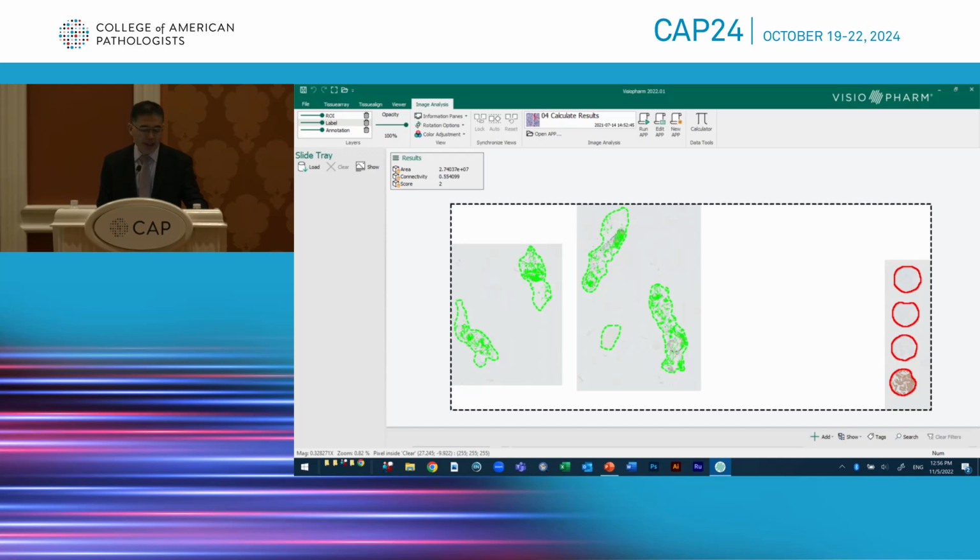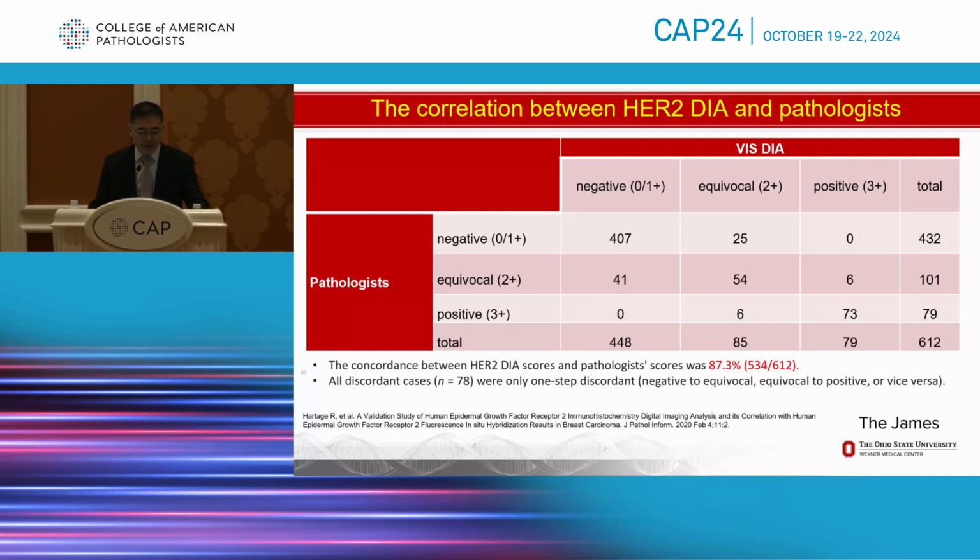After running the HER2 analysis, the algorithm will give you the final result, shown here as a quantitative number, connectivity, and also a score, either 0, 1 plus, 2 plus, or 3 plus. During our validation, we found a concordance between the HER2 digital imaging analysis score and the pathology score of 87%.